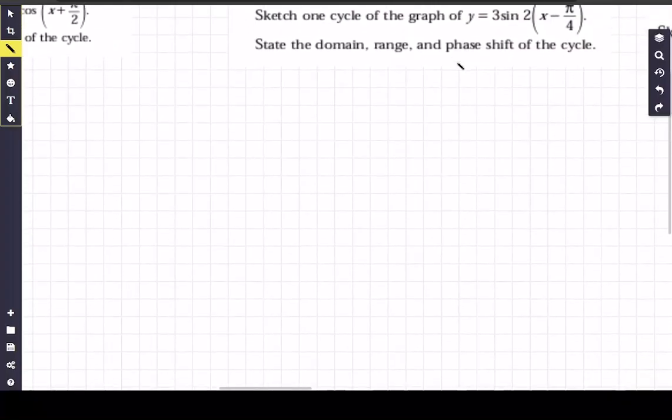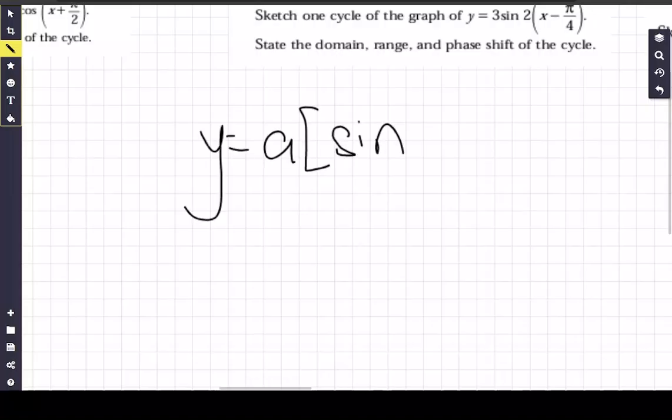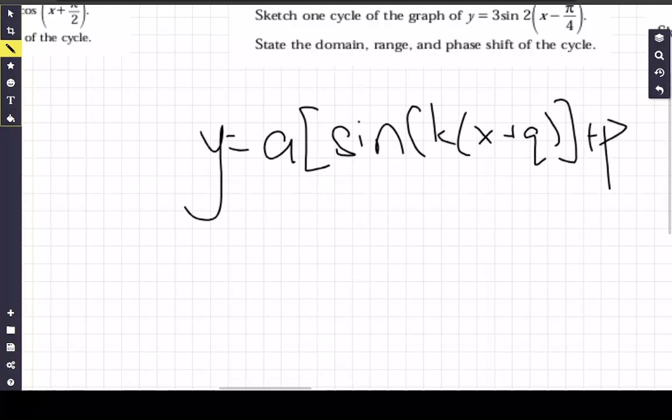Before this question, this is where I want to mention all of these combination things. Cosine of... this is our amplitude. This is our period.